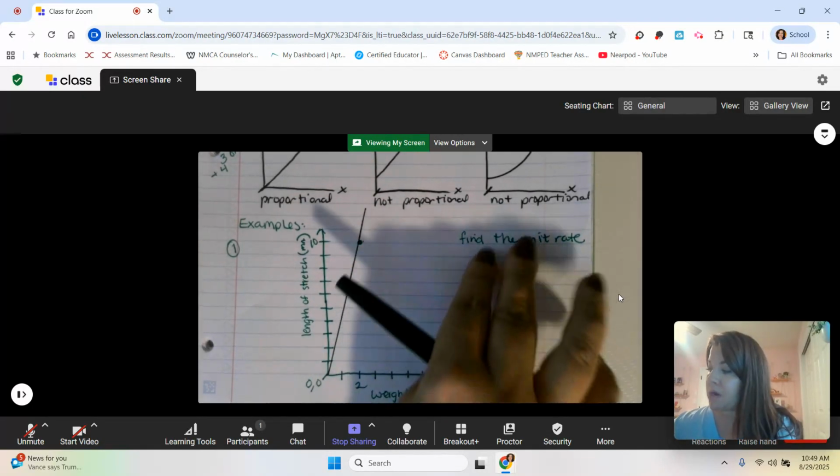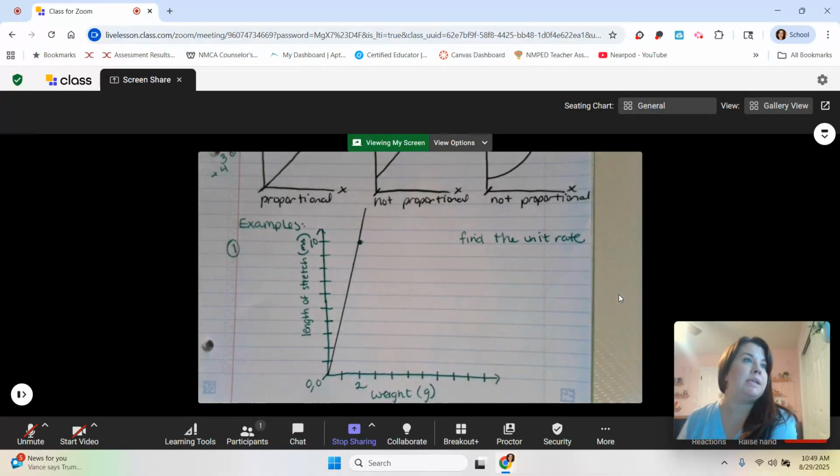But they want us to find the unit rate, and let me pull it up so I can read it to you. So they give you a big graph, and then it says the stretch of a spring in millimeters is proportional to the weight in grams attached to the end of the spring.